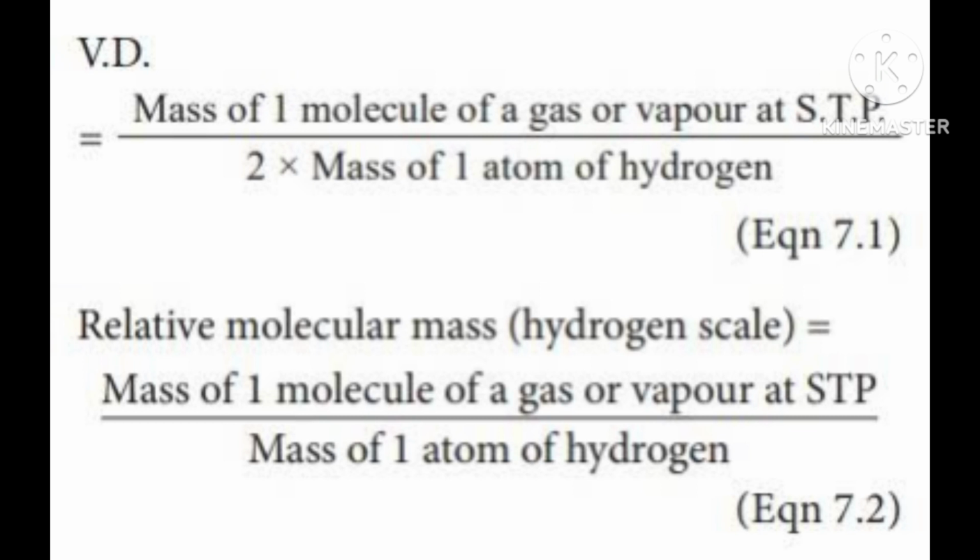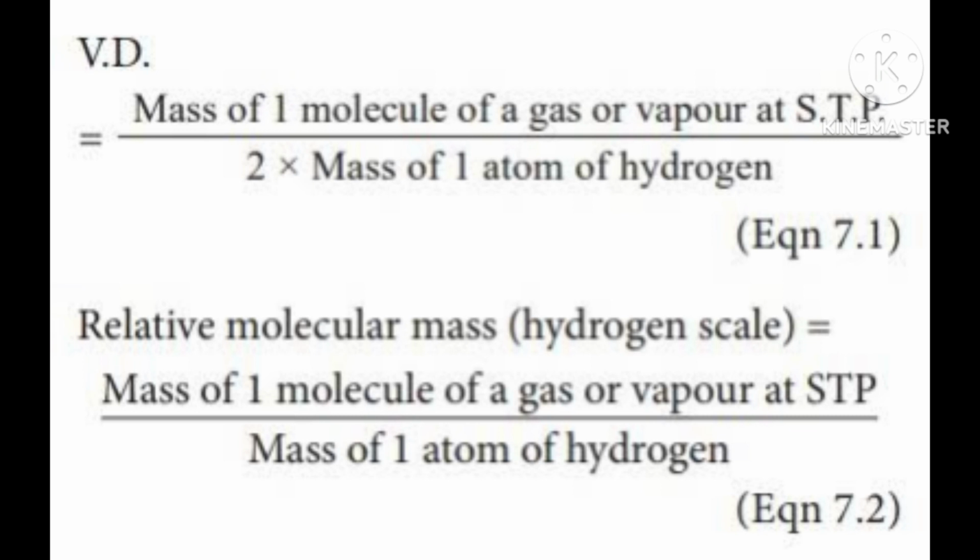Sometimes this value will not be exact, it will come as a fraction, like 1.28. Sometimes it will come as 1.98, which is close to 2, so you can write roughly 2. Finally you have to convert to whole numbers. If it is 1.8 or 1.9, you can write 2.